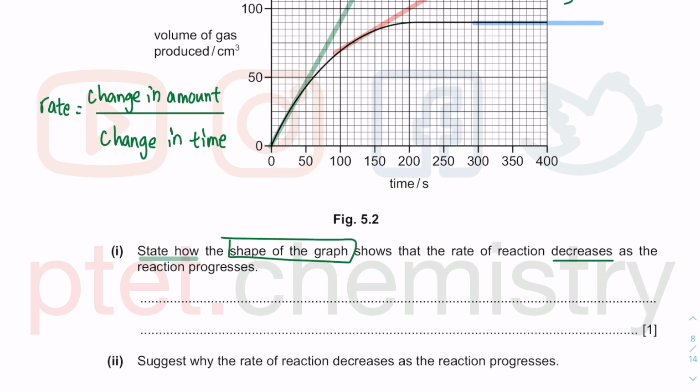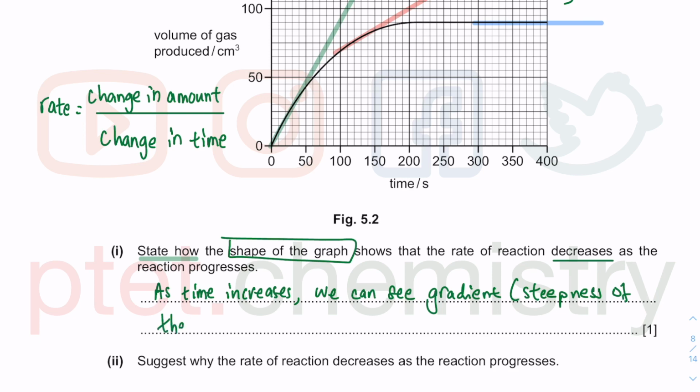For that 1 mark, how does the shape of the graph show it? As time increases on the x-axis, we can see that the gradient, or you can say steepness of the slope, which is basically the gradient at various time points, decreases.